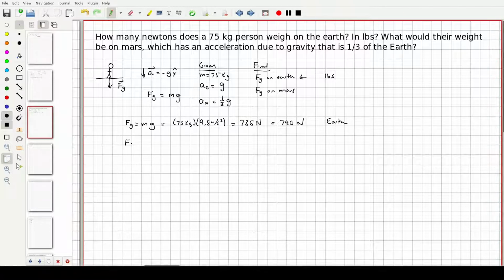The weight on Mars would be m times 1/3 of g. So remember, this is the acceleration due to gravity on the Earth, and this right here would be the acceleration due to gravity on Mars. So it's going to be 1/3 of m times g.